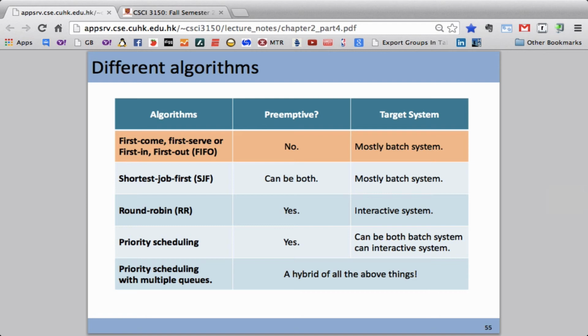Okay, priority scheduling. Priority scheduling and priority multiple queue scheduling have a slight difference. First of all, priority means that every job has a different priority class. What is the meaning of multiple queues? It means in every priority class, you can have different implementations. We can have 5 priority levels, and all 5 levels use the same scheduling, no problem.